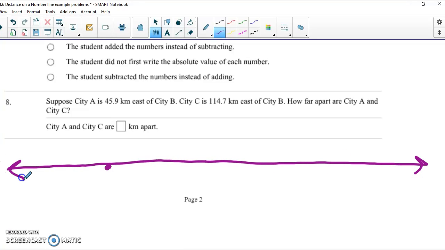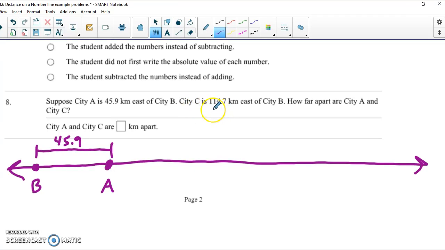let's give ourselves a big old number line here. And this can be city A. Okay, city A is 45.9 kilometers east of city B. So city A is actually to the right of city B. Okay, and the distance between these two is 45 and 9/10 kilometers.